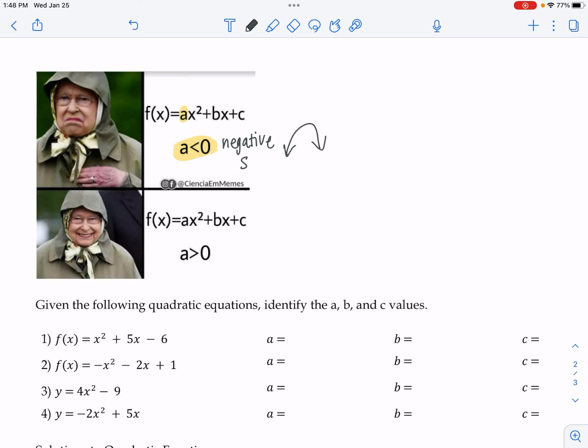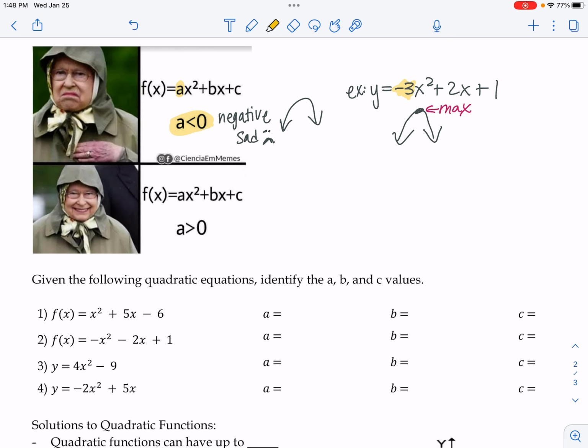And so I think of it as a sad parabola. It's frowning. Okay? And so anytime you see that a is negative, so let's get an example, like y equals -3x squared plus 2x plus 1. Because this a value is negative, we know it's going to be a sad parabola, which also tells us that the vertex is going to be a maximum.